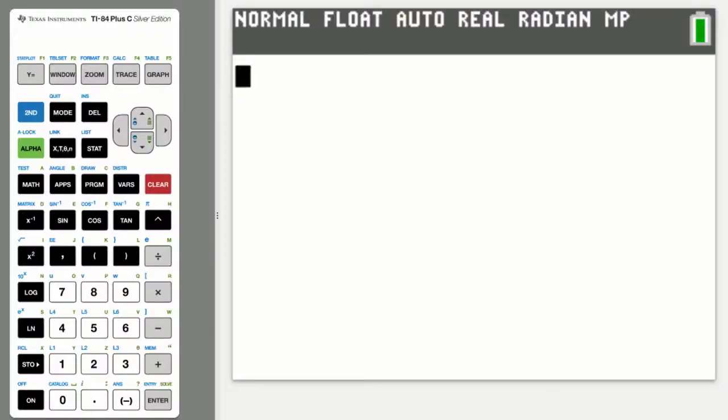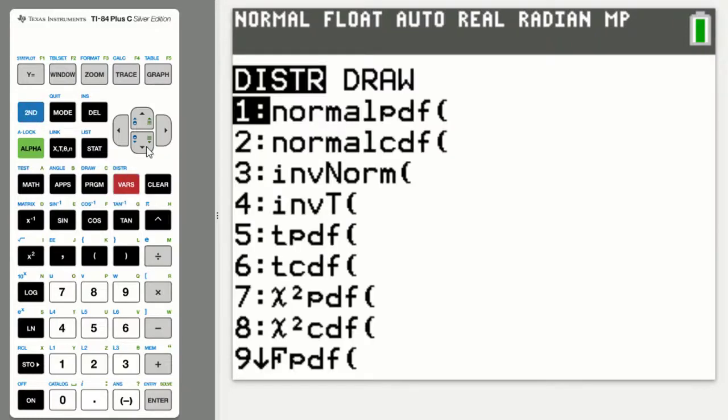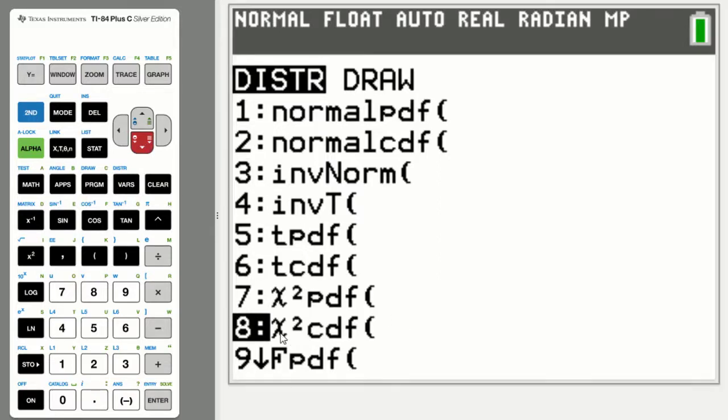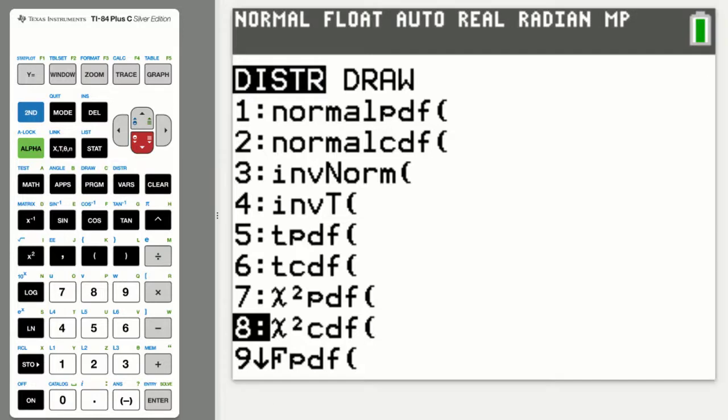But now to get that p-value really calculated, we need to use some technology. So on my TI-83 and 84 calculator, I am going to hit second variables, which will bring up my menu for all distribution functions in statistics. And I'm going to look for the option that says chi-square CDF right here.